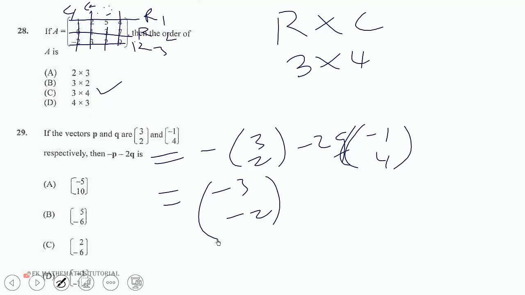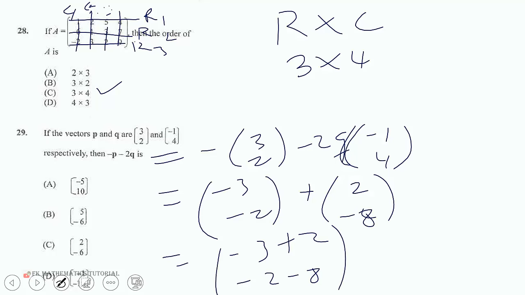Let me use a negative 2 to multiply everything. Negative 2 times negative 1 is 2. Negative 2 times 4 is negative 8. So this will give us negative 3 plus 2, then negative 2 minus 8. So that will be equal to negative 1, negative 10. So I believe that is the last one.